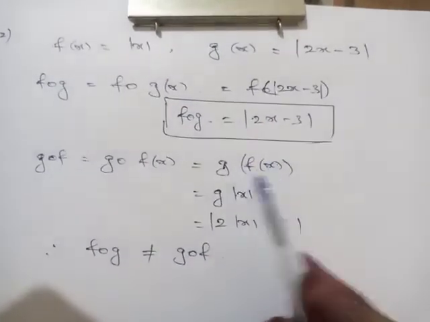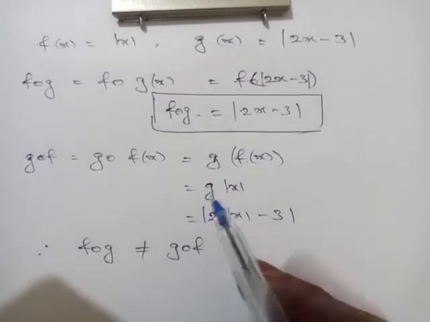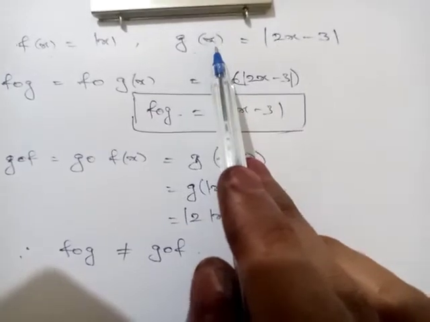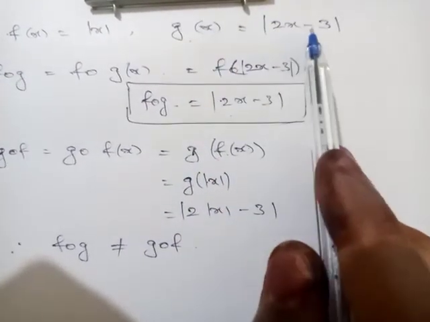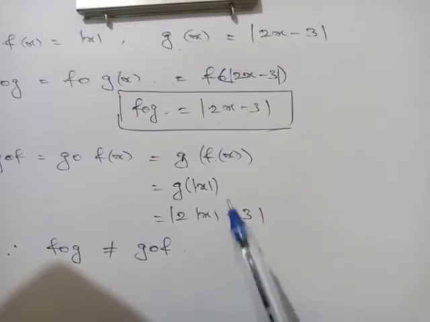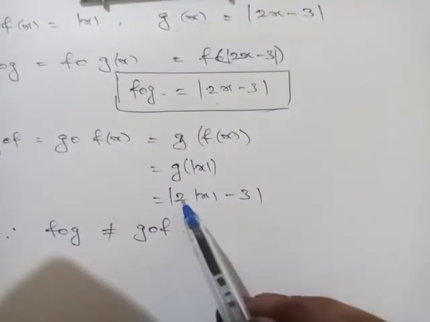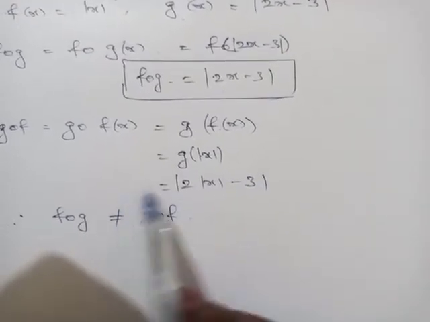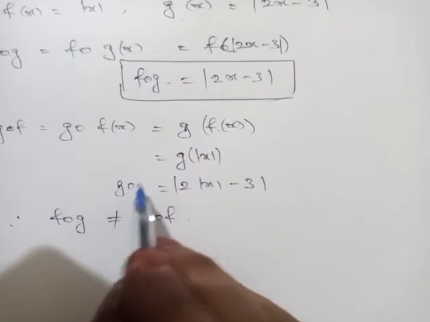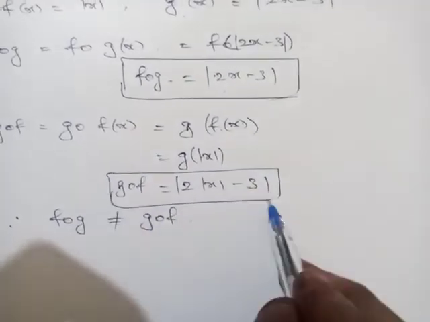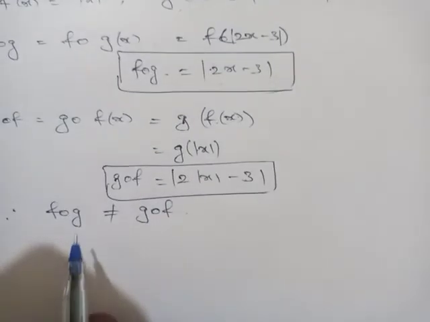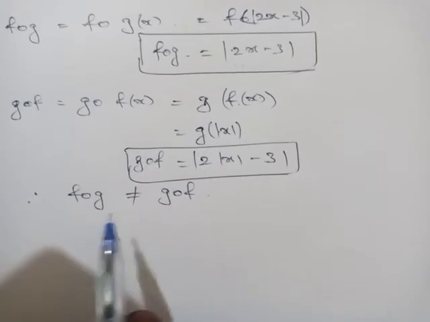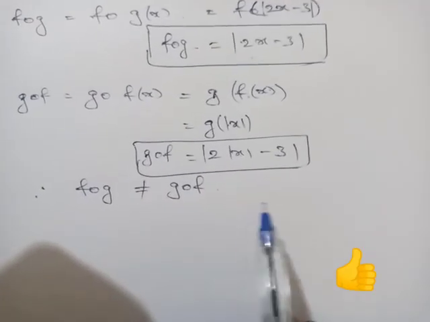Instead of f of x, we can write modulus of x, so now g of modulus of x. g of x means modulus of 2x minus 3, so it is modulus of 2 into modulus of x minus 3. So this is g over f, and that one is f over g. Both are different. Don't think that f over g is equal to g over f. No, usually f over g will not equal g over f.